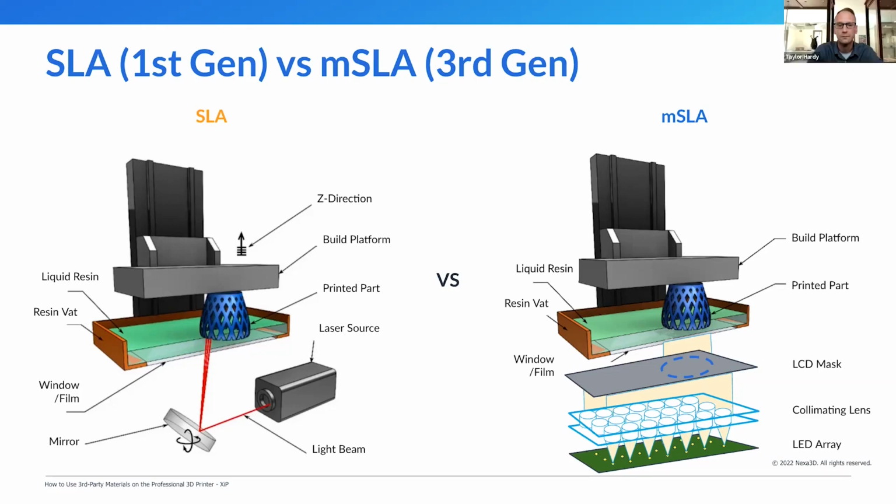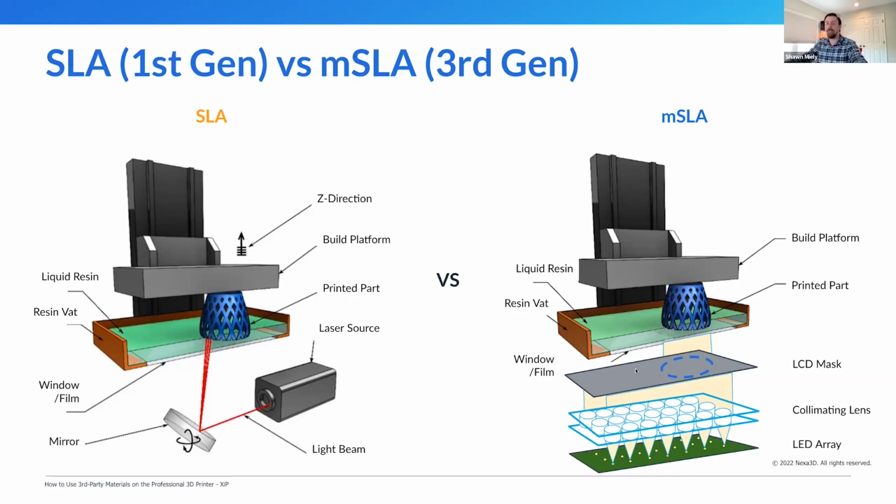On the right side, you've got MSLA, and that's what Nexa3D uses. Instead of using a laser to draw out the entire layer, if you think of a 4K TV, that's basically what you've got here. It's an LED-backed LCD masked screen. The LED lights are UV lights, of the UV spectrum. They're projecting up through these collimating lenses, so you get very crisp light projected up.